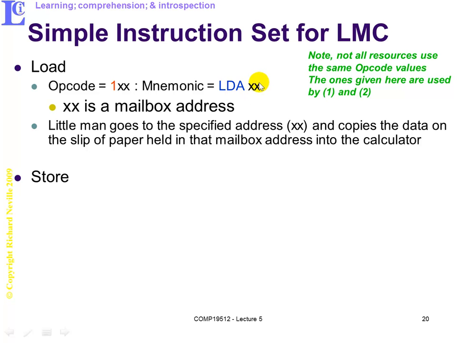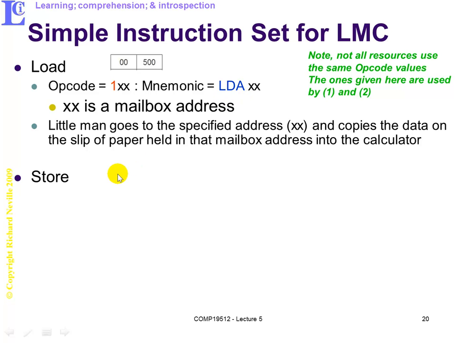And then XX will be the mailbox address we're moving the data from to the calculator. So specifically the little man goes to the address specified here, picks up the piece of paper, and copies the data from the slip of paper held in that mailbox address into the calculator register. So that's the load instruction. The machine thinks it's 1. We write it when we write programs as LDA.